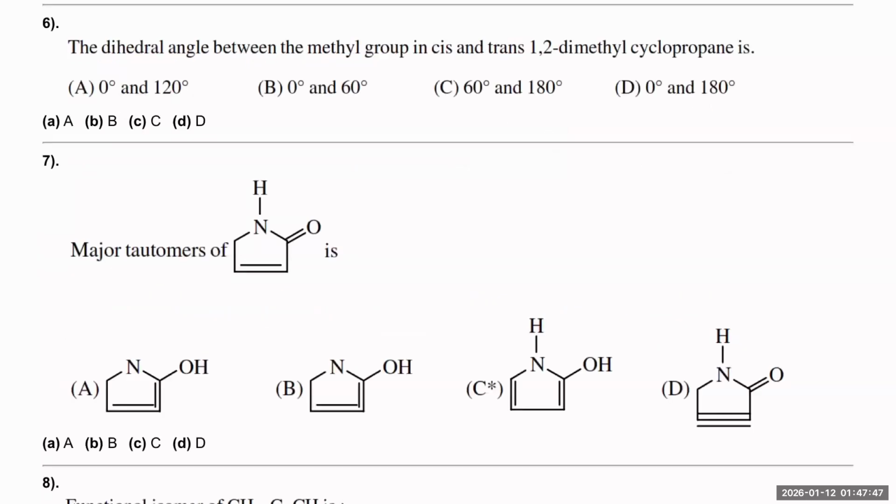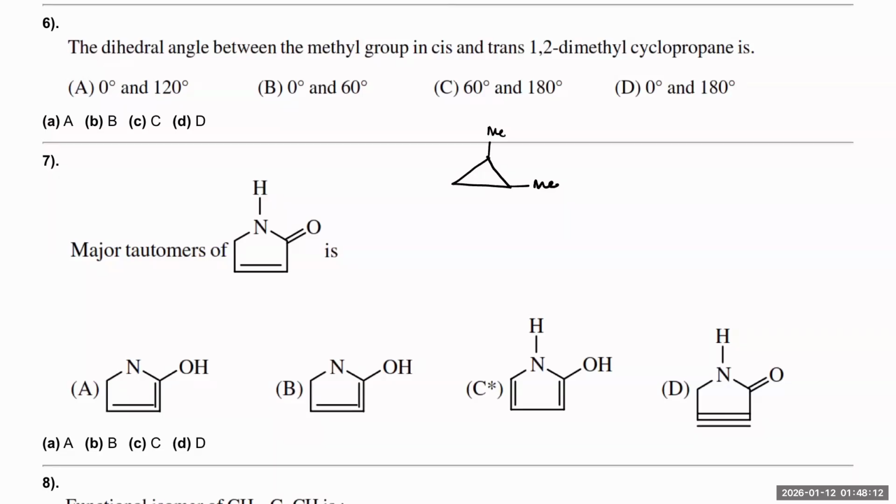The dihedral angle between methyl groups in cis and trans 1,2-dimethyl cyclopropane is, okay. So 1,2-dimethyl cyclopropane. Cyclopropane is like this here, and here I have 1,2-dimethyl. I have a methyl here, and I have a methyl here, like this. Got it? Now, what is the problem here?